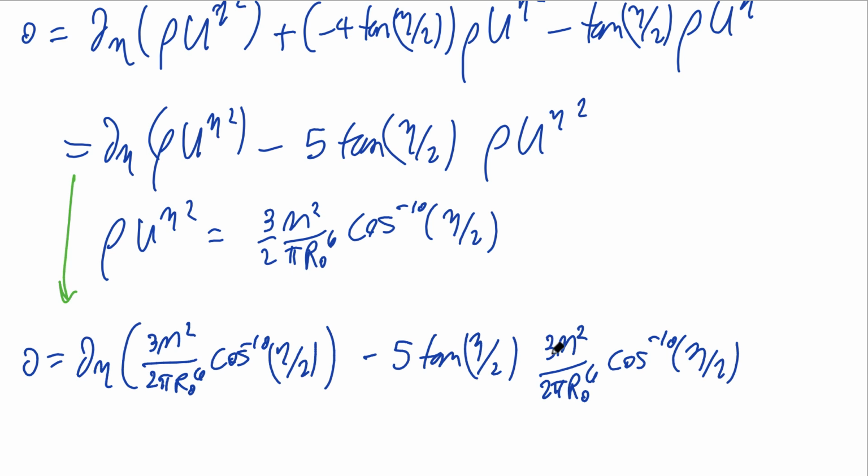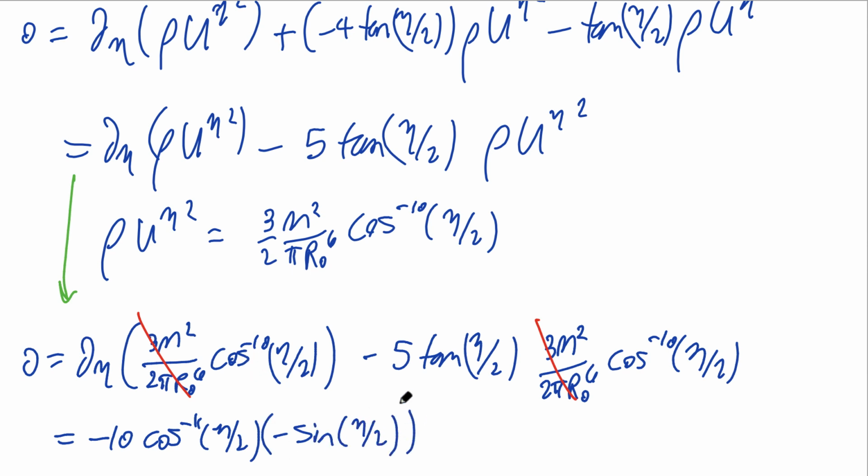Of course, these factors, 3m squared divided by 2 pi r naught to the 6th, cancel in this equation, and we're just left with the derivative of cosine to the minus 10. So that would be minus 10 times cosine to the minus 11th power times the derivative of cosine, which is minus sine, and then we have another factor of 1/2 coming from the differentiation of eta over 2.